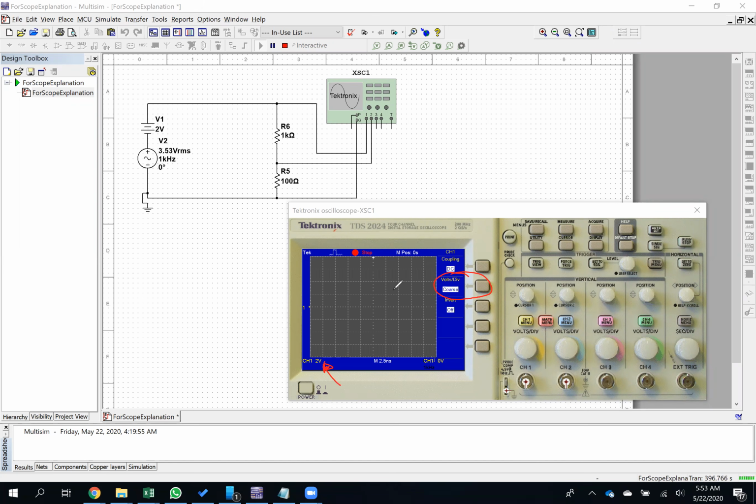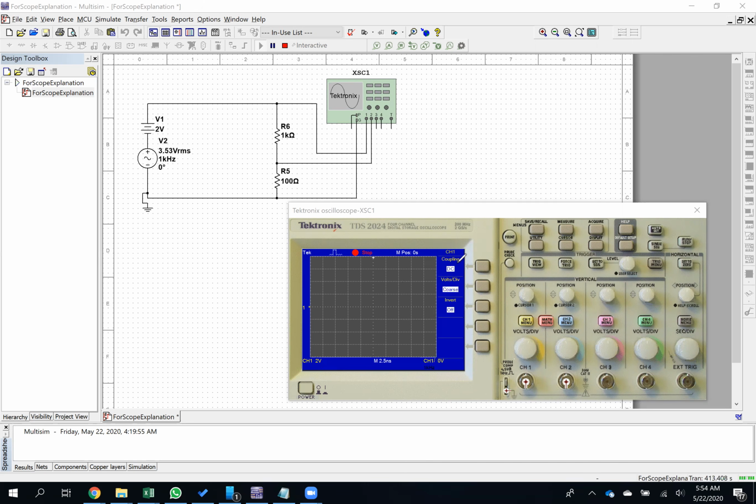If you change that to fine, you can change your volts per division to decimal points, like 2.3 or something like that, right? And I don't want to do that right now, so I'm going to leave that to coarse. And I don't want to invert the signal, so that should be off. So all of that looks okay, but I don't see a waveform.